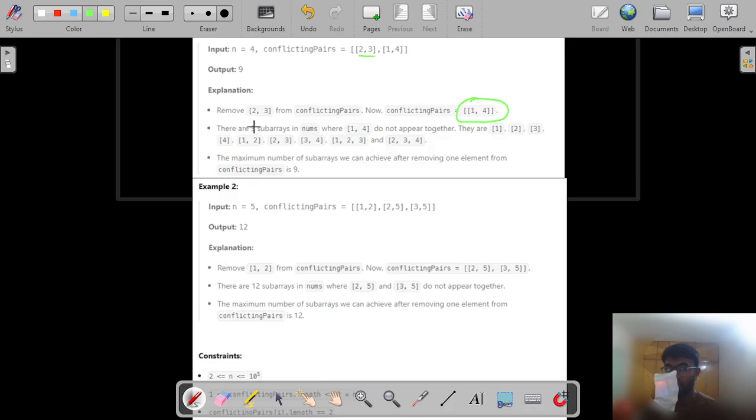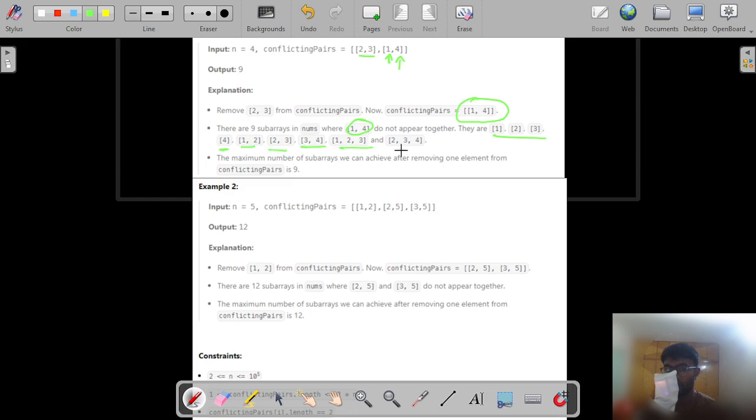So there can be formed 9 subarrays in nums such that the conflicting pair's values A and B will not both be present. So these are the subarrays 1, 2, 3, 4, and both 1 and 4 are never seen together in any of these subarrays.